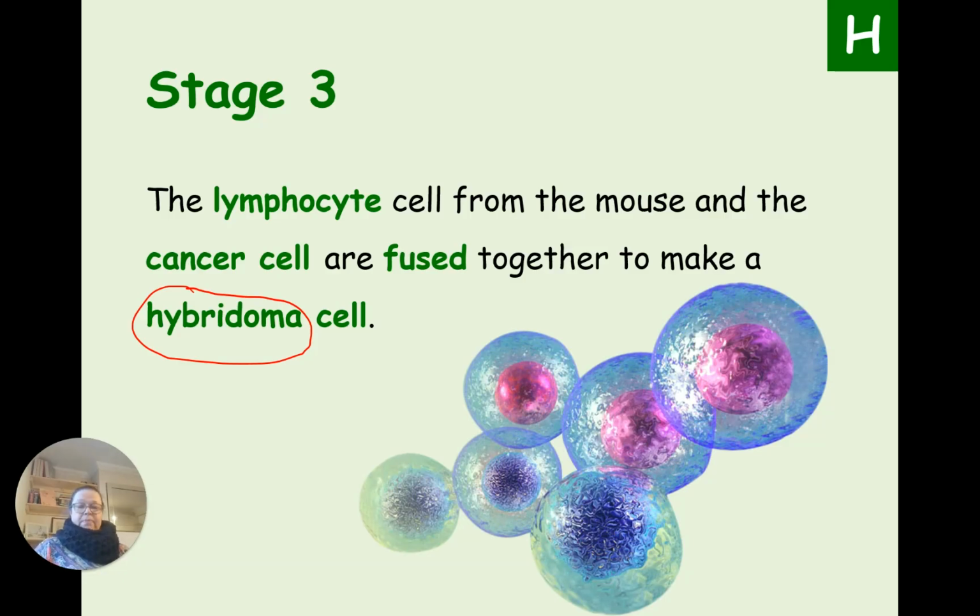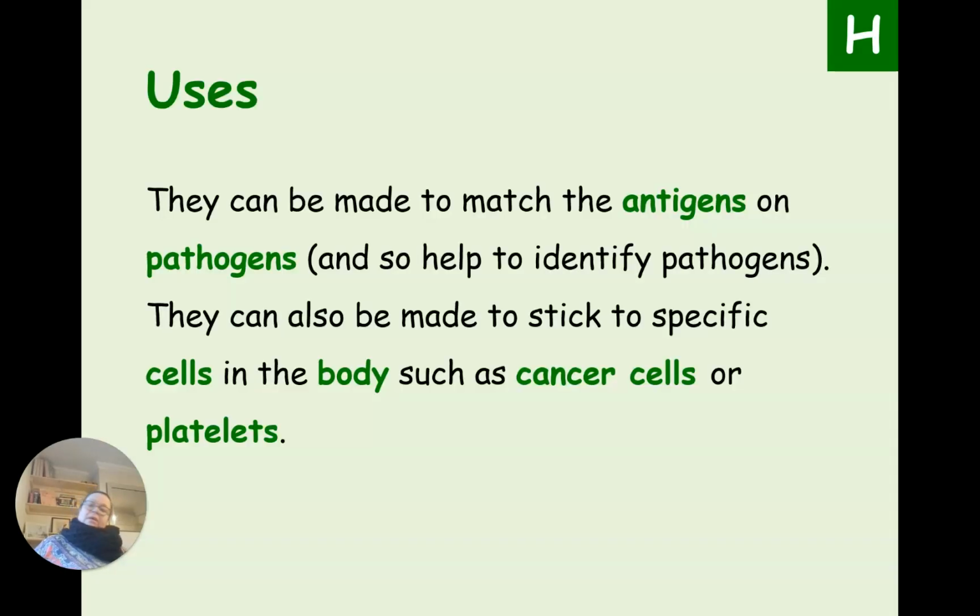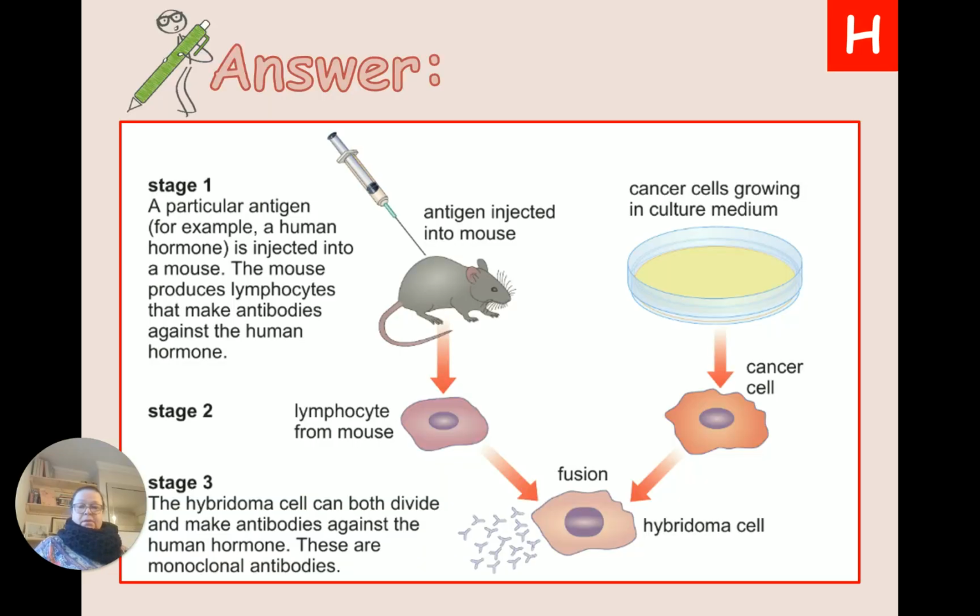That hybridoma cell has the lymphocytes that are making antibodies, and the cancer cells that are replicating. Once they're together, they can start dividing and make antibodies against that antigen. As the tumour cells encourage them to divide, we get lots and lots of these antibodies. At the moment, they're all identical.